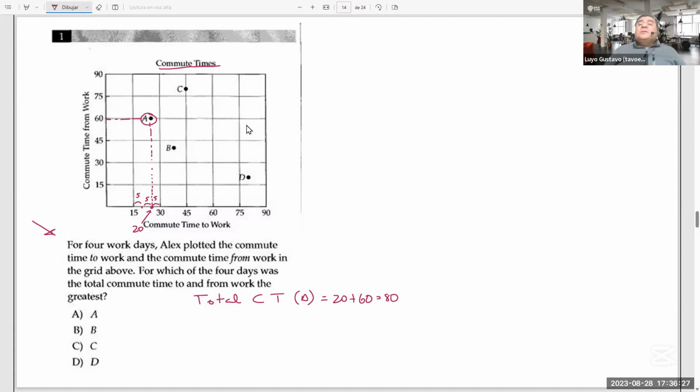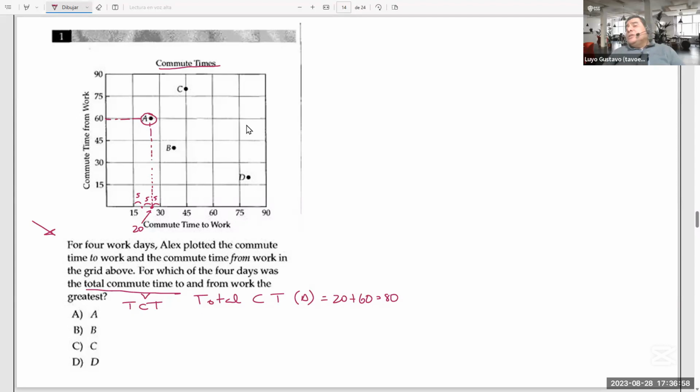Now the question is, which would have the greatest value for total commute time, TCT? What would be the greatest TCT value for which of the days, A, B, C, or D? What say you? C, right? Yes.